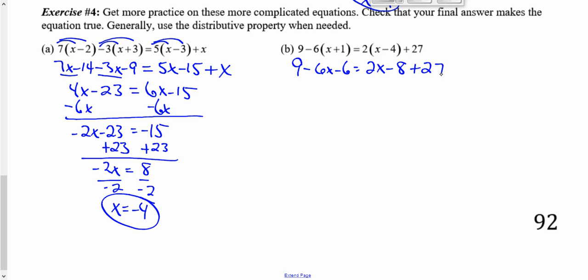So here we got -6x, right? And 9 minus 6 is what? Positive 3 equals 2x. It's 27 minus 8, plus 19. Keep going. Don't wait for me.